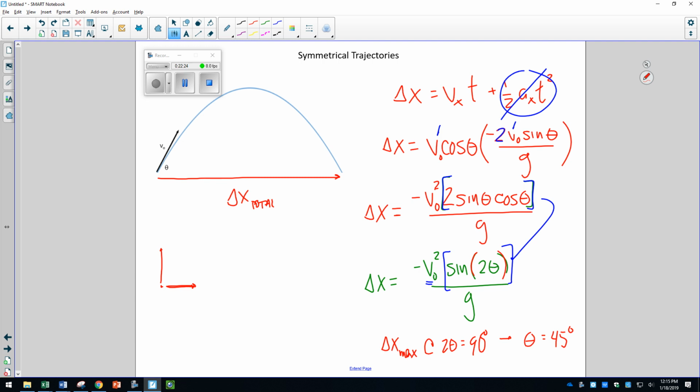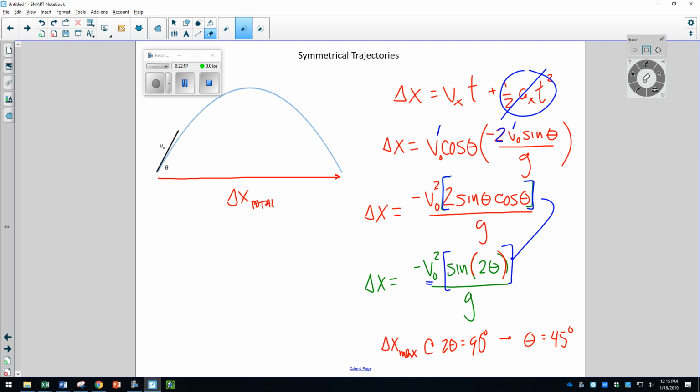This means it goes pretty high and spends a good amount of time in the air, but it also goes nice and fast horizontally, as opposed to, say, shooting it way high in the air but only going slow horizontally, or it never gets up very high, so it doesn't spend very long in the air, but it sure goes fast horizontally. Yeah, but it wasn't in the air long enough to go very far. So the 45 degree launch is your angle for maximum range. Nice little piece of trivia.